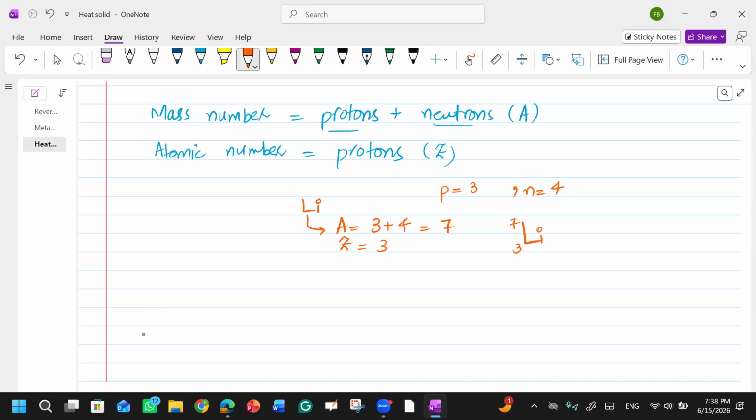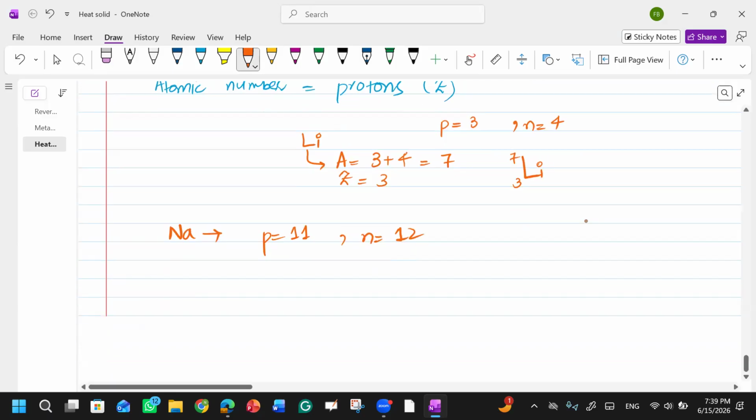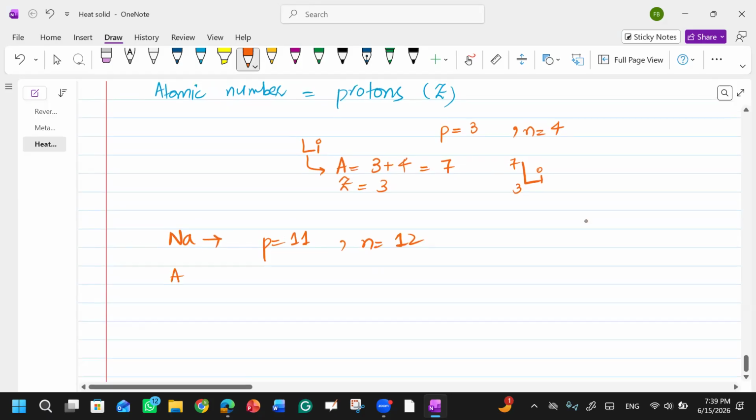Are you clear with this example? Okay. If I give you the information about sodium, there are 11 protons and 12 neutrons. Now can you tell me its atomic mass and its proton number?